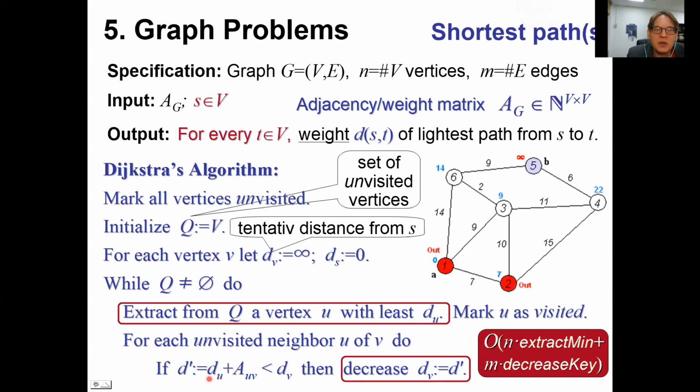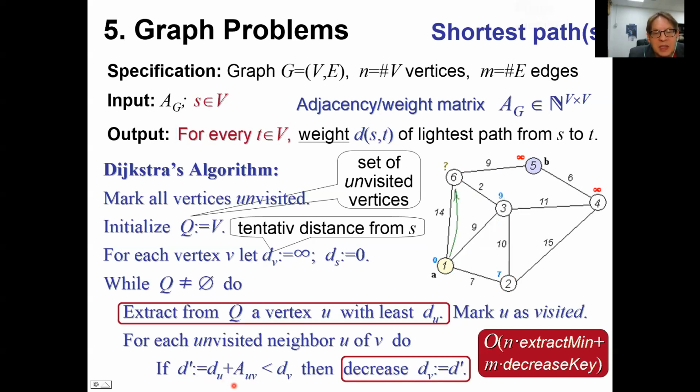When is the algorithmic distance improved? The algorithmic distance only gets improved when calling the decrease-key operation of the priority queue. When the decrease-key operation is called, it is called with argument d prime, where d prime is calculated here.